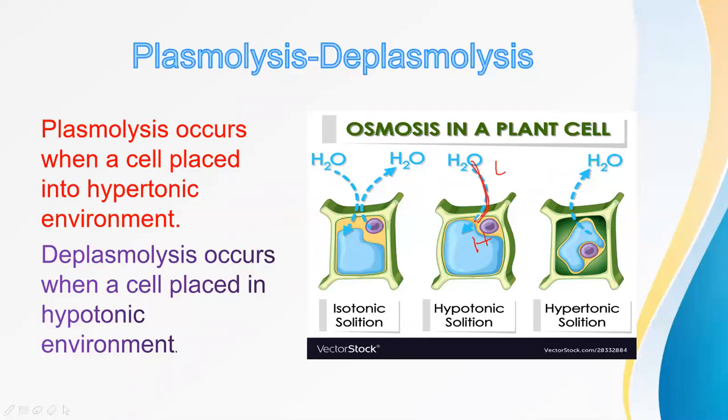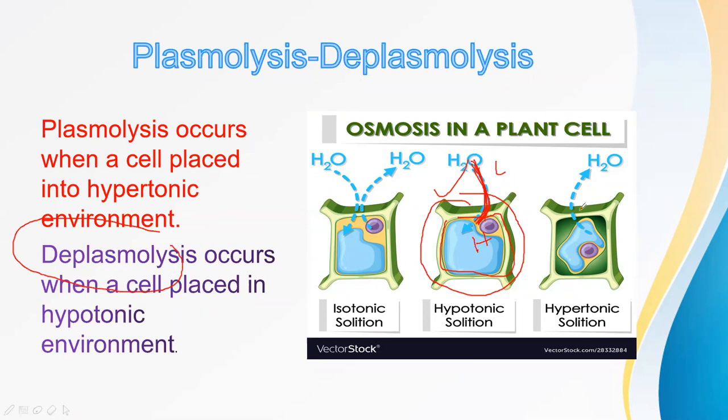Water molecules will move from here to here, and because of this excess water, the cell will get swollen, and if water keeps getting inside, finally the cell will explode or it will cause the death of the cell. This process we call deplasmolysis.